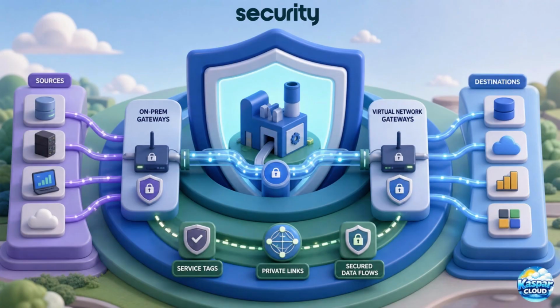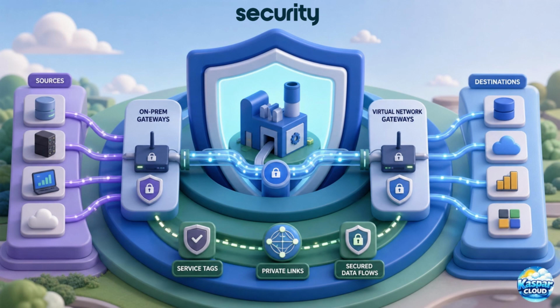Security guidance for Microsoft Fabric Data Factory begins with strong network protection and controlled connectivity architecture. Organizations should use secure connectivity options such as the on-premises data gateway, virtual network data gateway, Azure Private Link where supported, and Microsoft service tags to reduce unnecessary exposure to public networks.